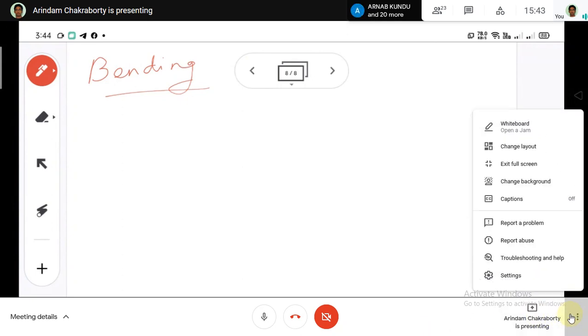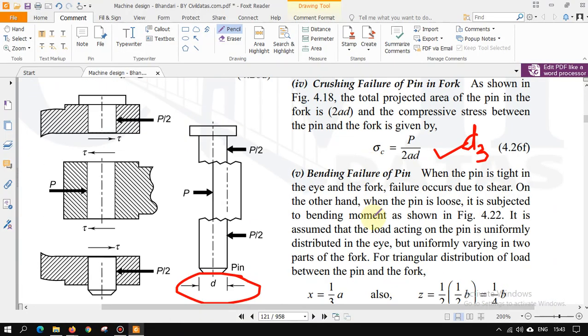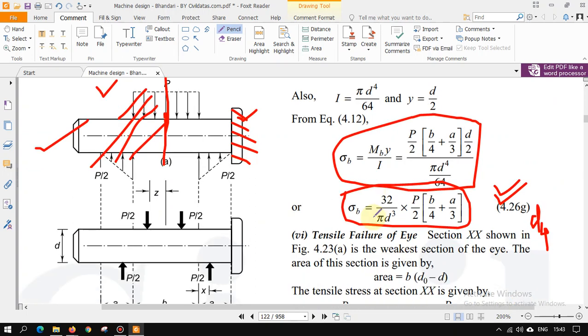Can you see the formula of bending? It's a bit big, but can you see it or not?